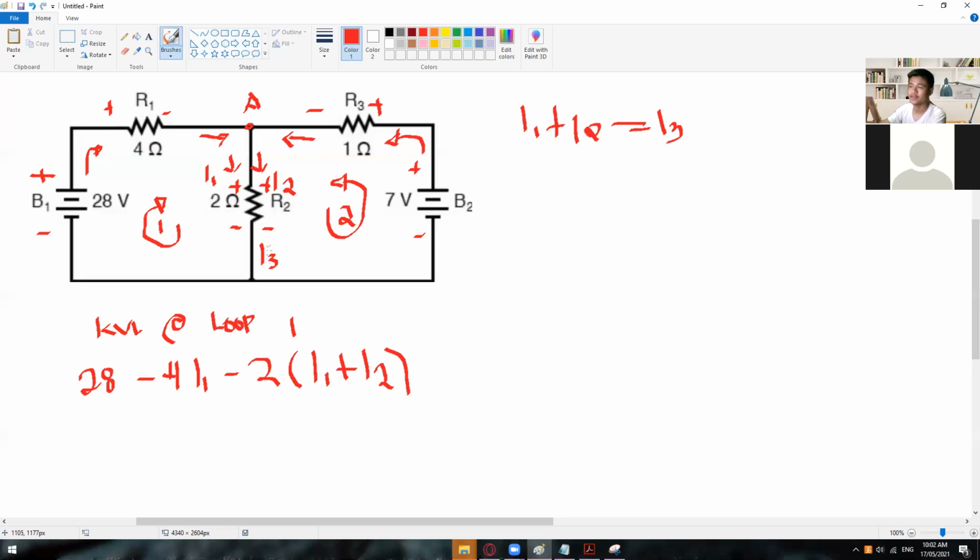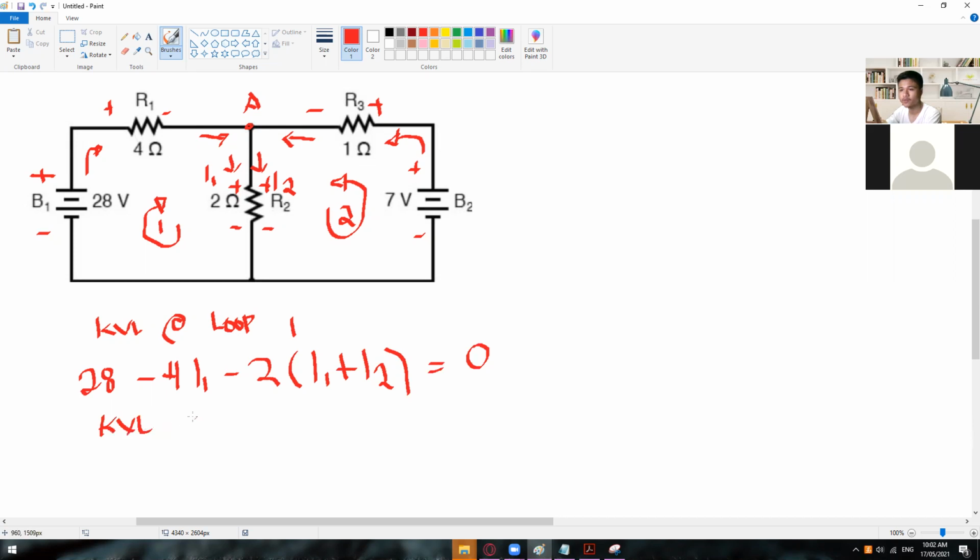But in mesh analysis, we don't do KCL, so that is why we don't have I3 in here. Instead of writing I3, we substitute I sub 1 and I sub 2 in this expression. And going back to the main source, this is now equal to 0. So this is your KVL or your equation number 1 from loop number 1.